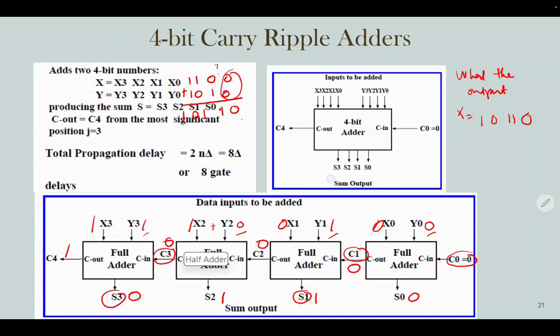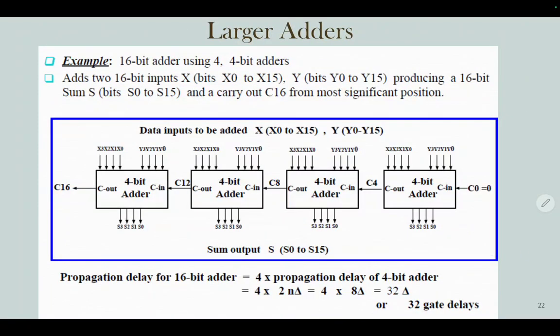This is an example of the symbol to represent x plus y. You have a 4-bit binary x, a 4-bit binary y, a carry input, and the sum outputs. Next is another larger adder, for example a 16-bit adder represented by four 4-bit adders, which makes a 16-bit operation.